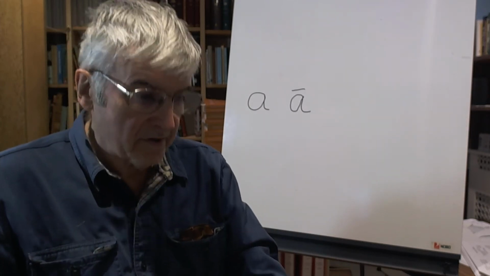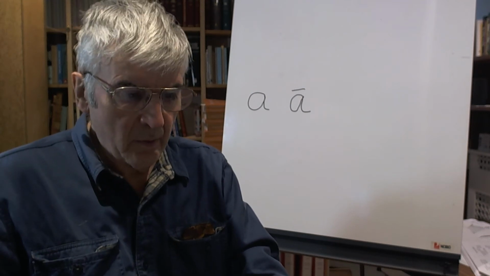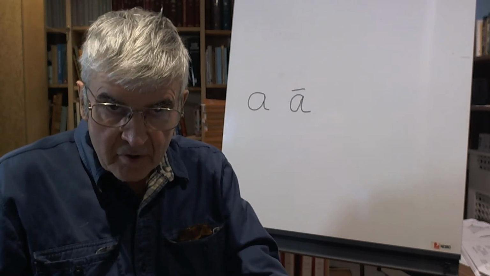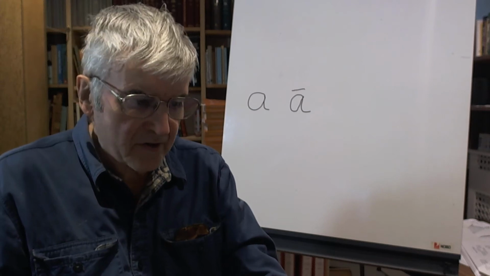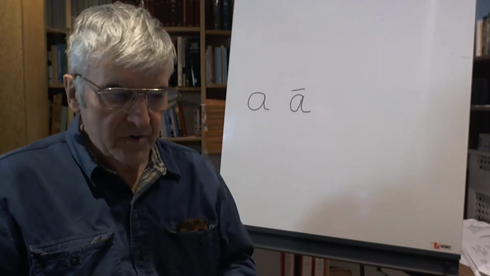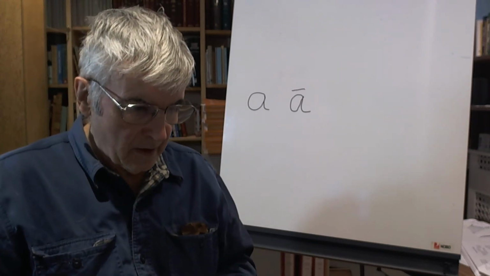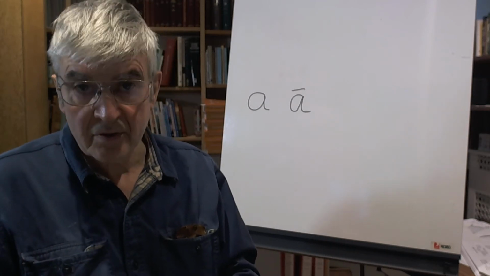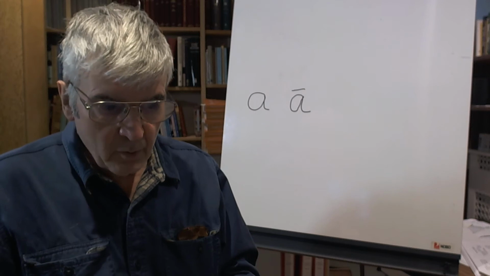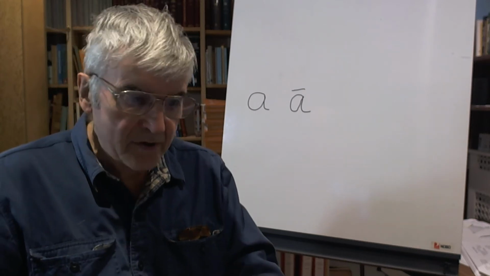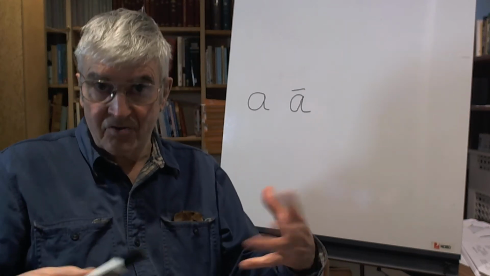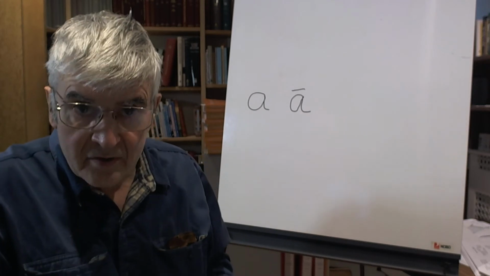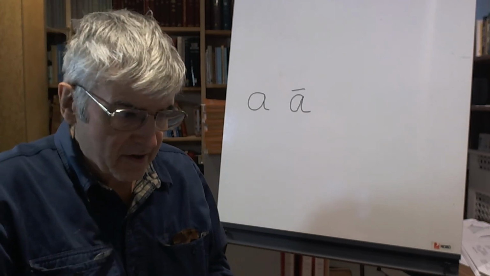We need diacritics when we're using the Roman script to represent the sounds of Pali and Sanskrit, because the Roman script didn't have separate letters to represent them, and therefore we've simply got to tweak the script to make extra letters or extra signs to represent the letters that Latin didn't have.